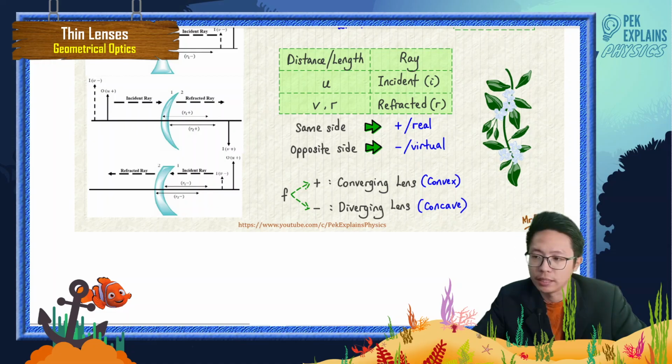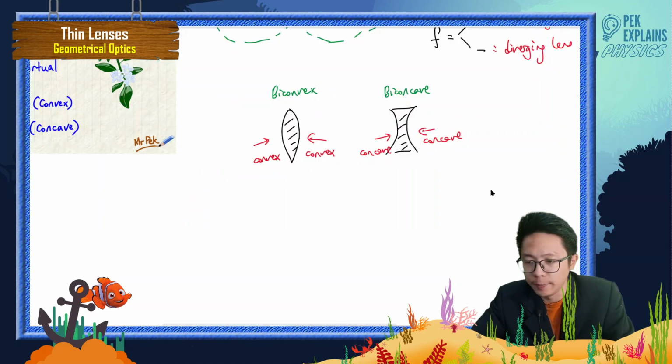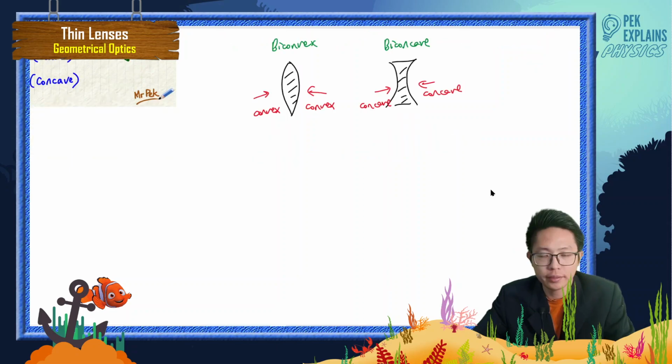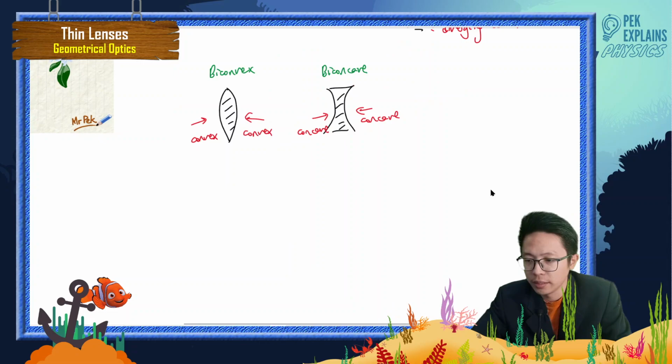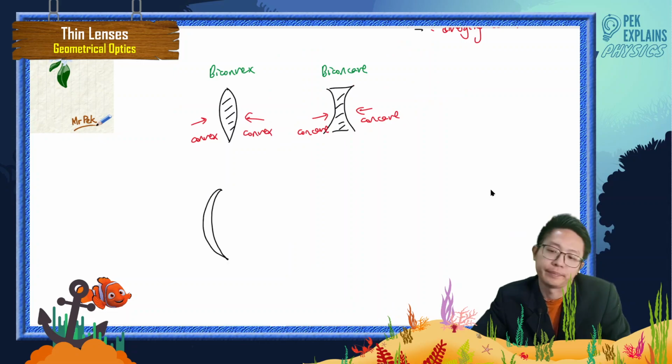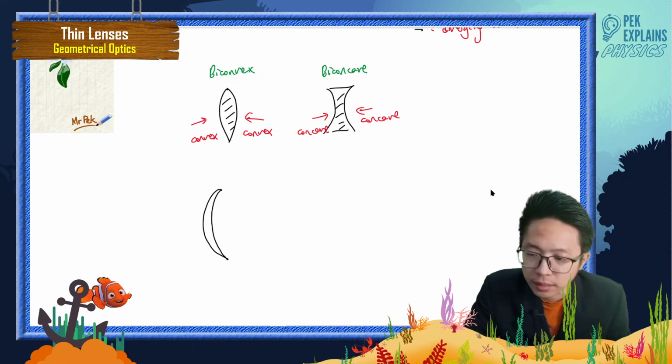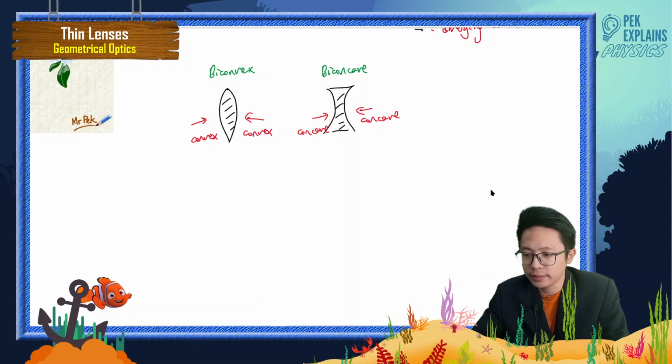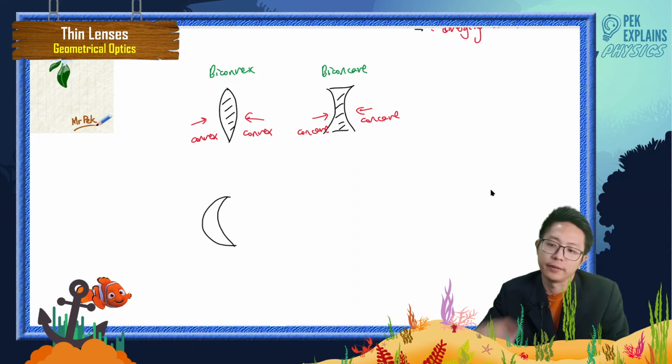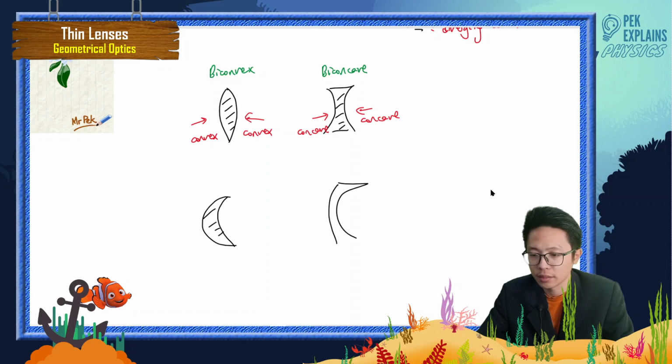If you look carefully, I draw here like that, and then I have another one called the concave meniscus. What's the difference between these two?